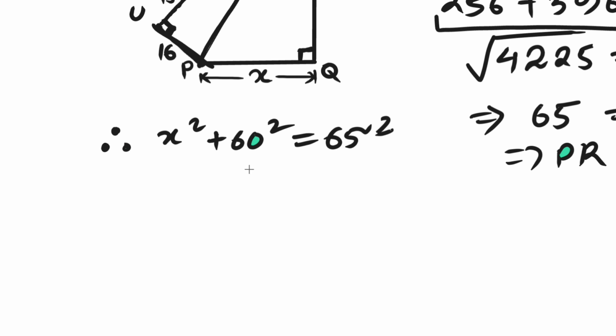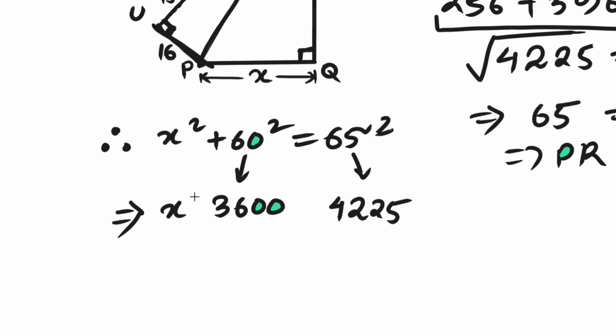Let's compute those squares one at a time. 60 squared is 3,600, and 65 squared is 4,225. So our equation becomes x squared plus 3,600 equals 4,225.